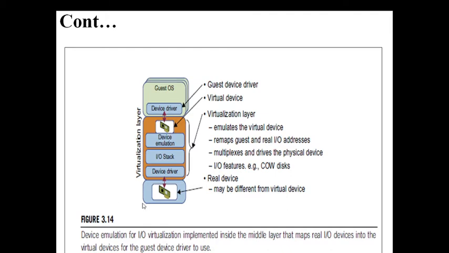Means the functionality of this device is copied into here only, so it emulates a virtual device. And the device drivers supported by the guest OS may not be the same as our device driver. Who will take care of this? This will be taken care of by the virtualization layer of the VMM, which does all the conversion. See, the guest device driver has its own drivers. The virtual device has its own device. Is any physical device they are owning?